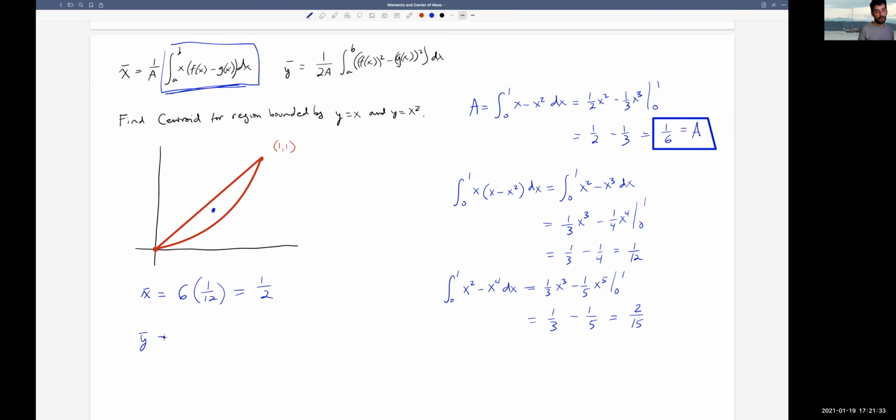And then y bar is going to be 1 over twice the area. So twice the area would be 1/3. So 1 over twice the area would be 3. And then times 2/15. And that works out to be 2/5. So the coordinates of the centroid look to be 1/2 and 2/5.